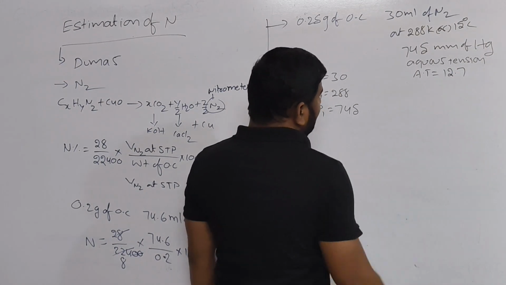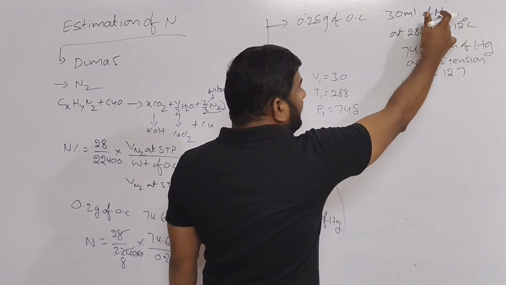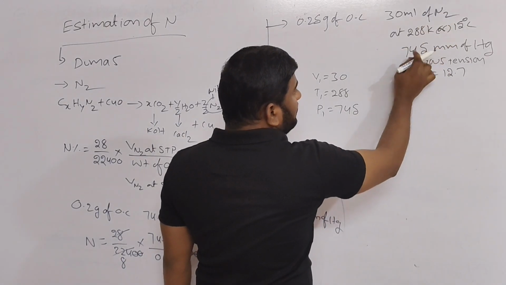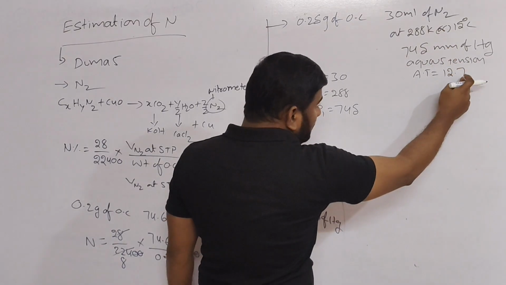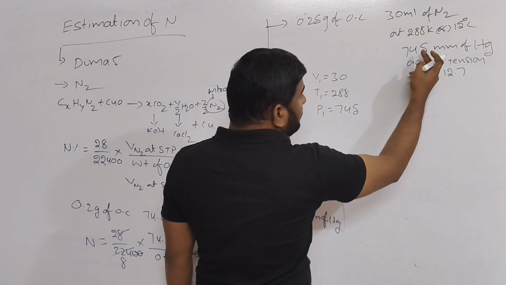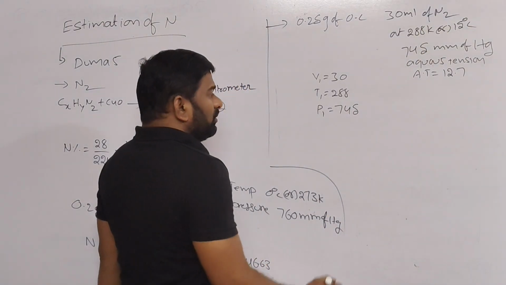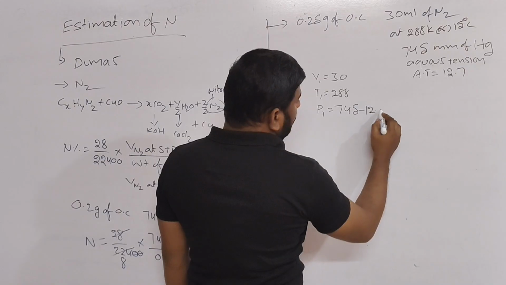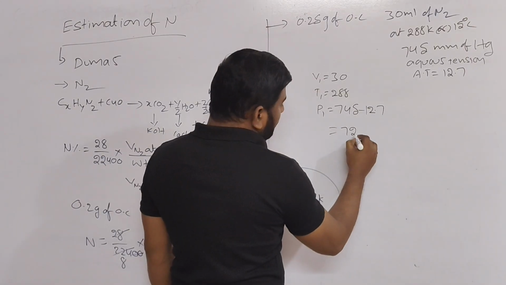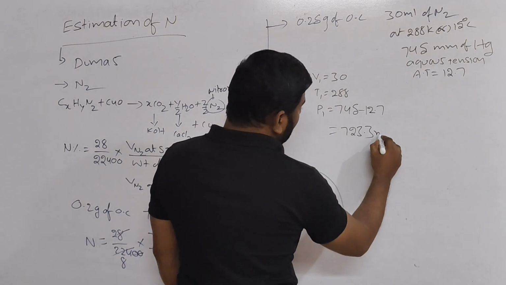The 745 is the pressure due to nitrogen plus water. If you subtract the water pressure, you get only the dry nitrogen pressure. So subtract 12.7 and you get 723.3 mm of Hg.